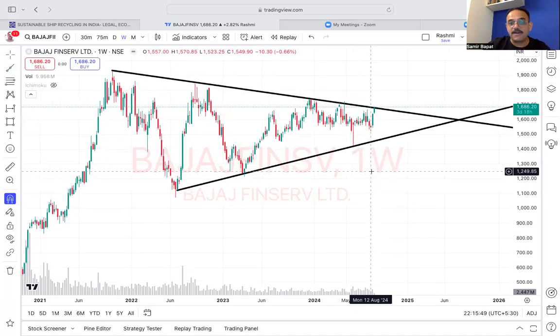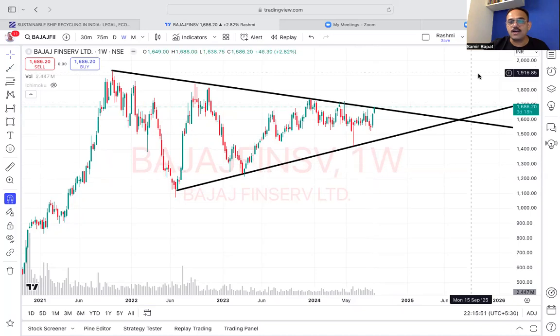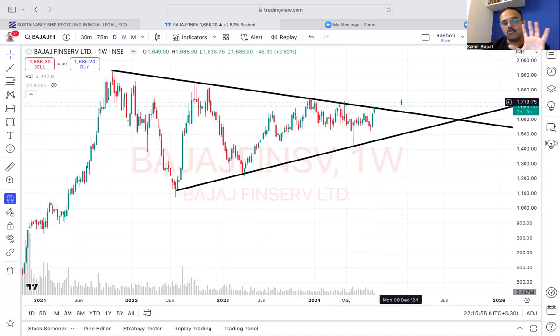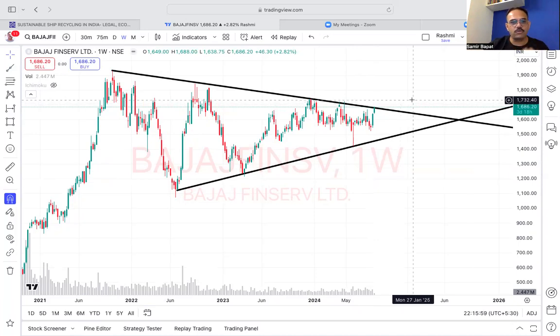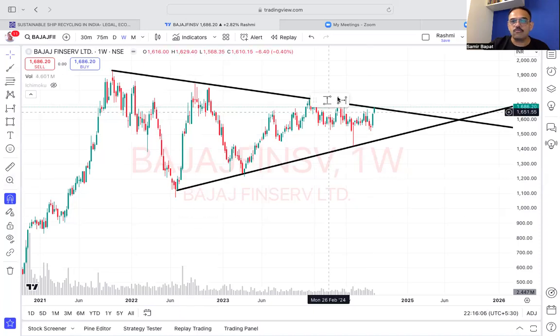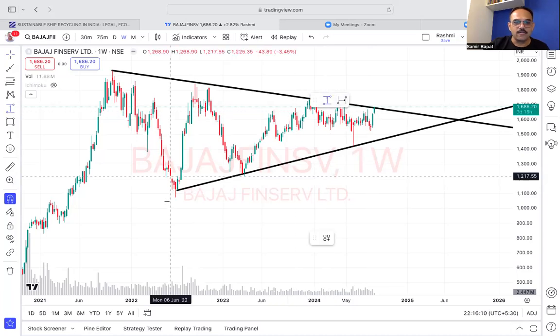Now, if at all it closes above the triangle, I'm giving you how to observe from this point onwards. What I want to do first is see what the target for this is. We will be measuring from the lowest point in the triangle.